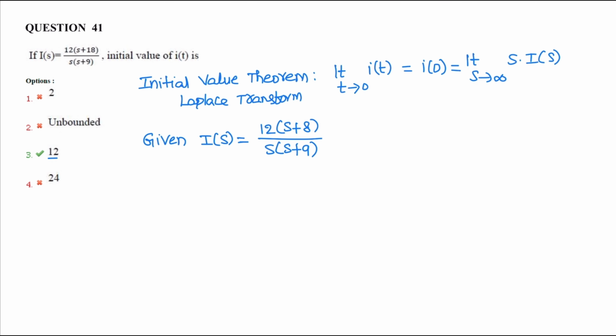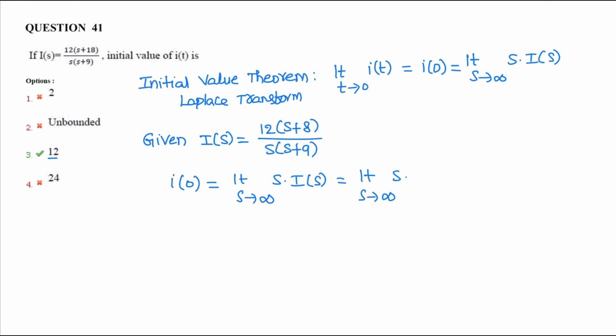The given function I of s is 12 into s plus 8 by s into s plus 9. The initial value of i of t is i of 0, that is limit s tends to infinity of s into I of s.